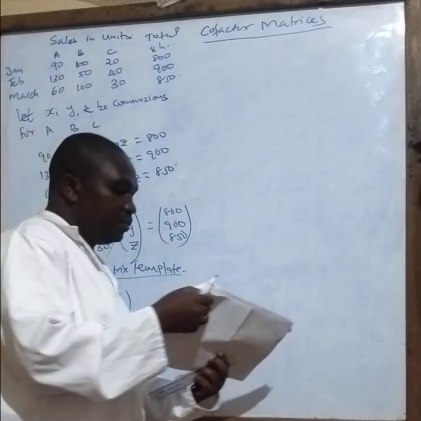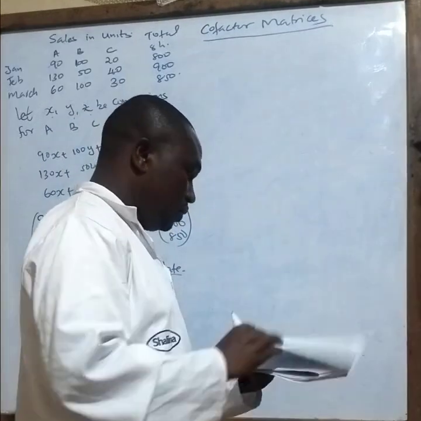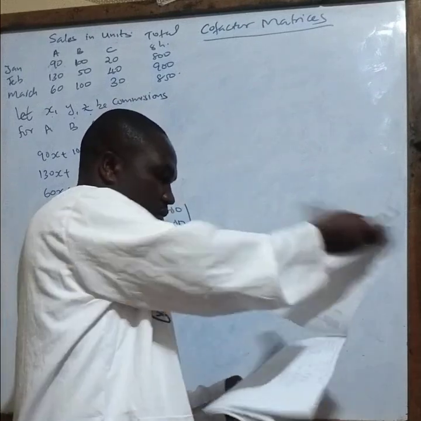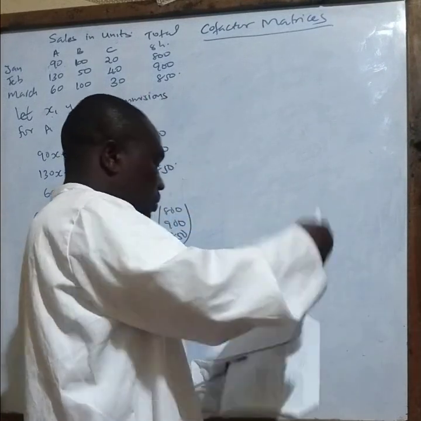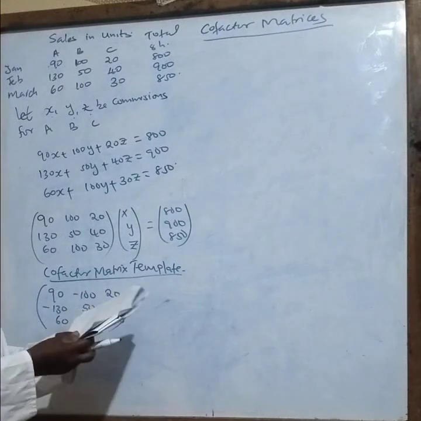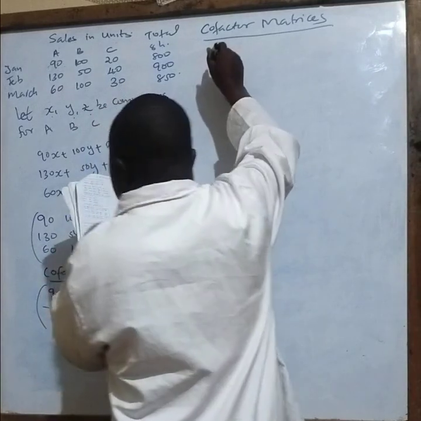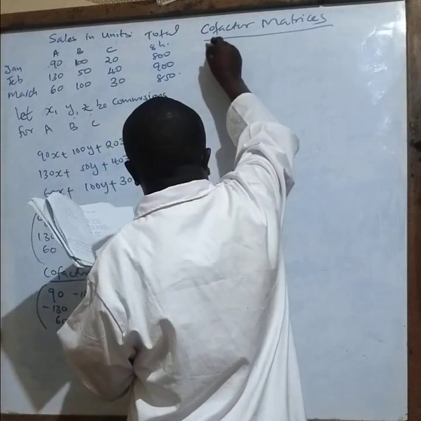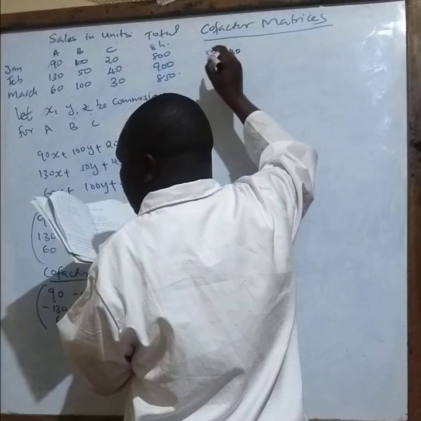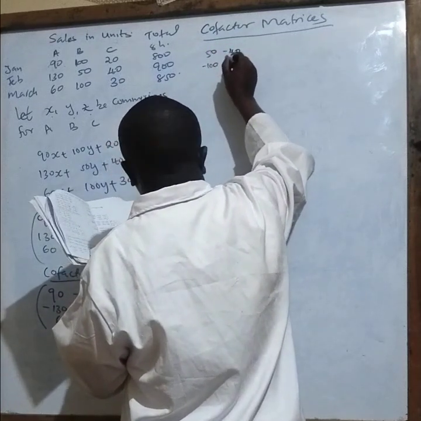Once you have done that, when you follow that rule carefully, the first one will be as follows. You will have 50, negative 40, negative 100, 30.